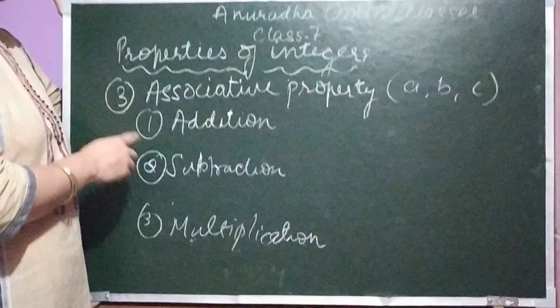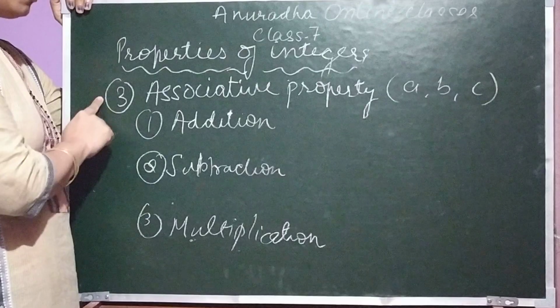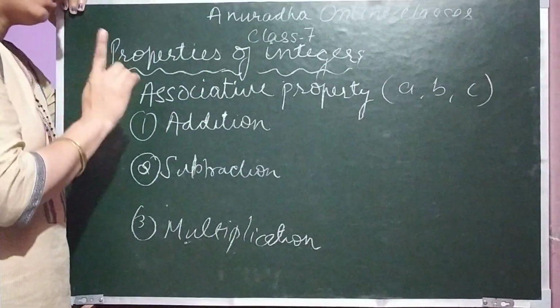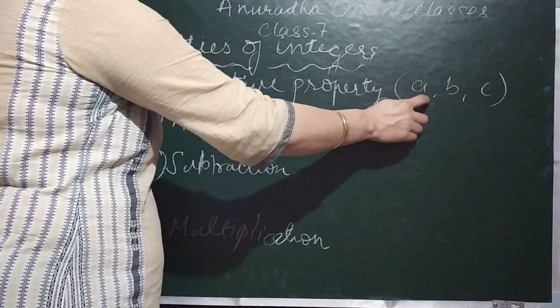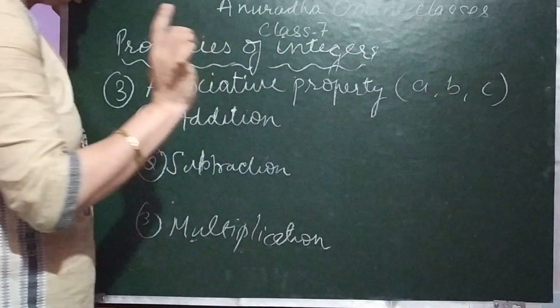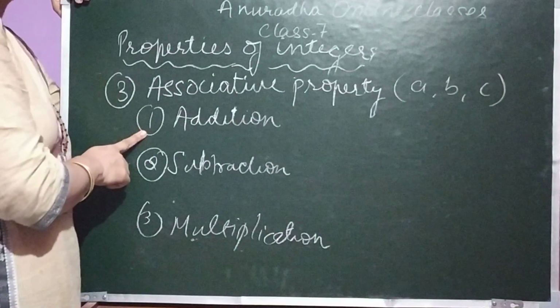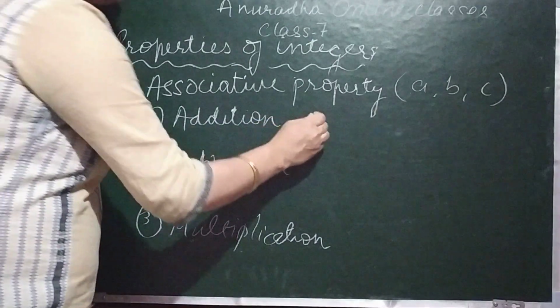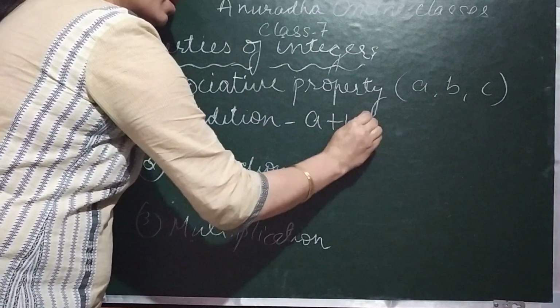Now the third property of integers is associative property. Here we have to take three integers, a, b and c. First we will see it with addition. See, addition, a plus b plus c.